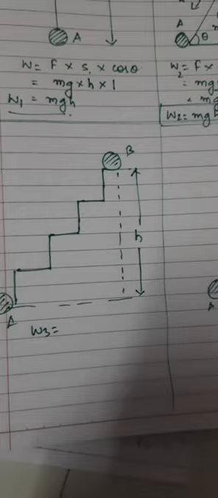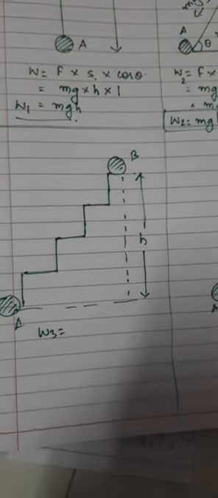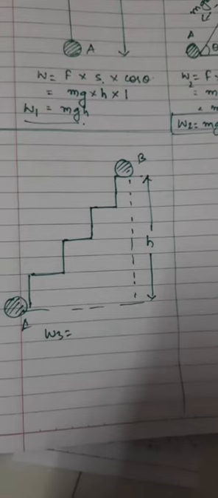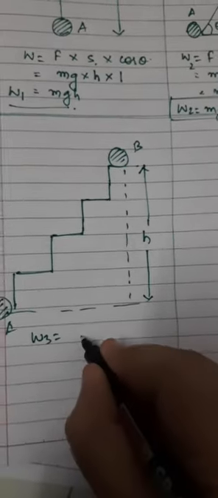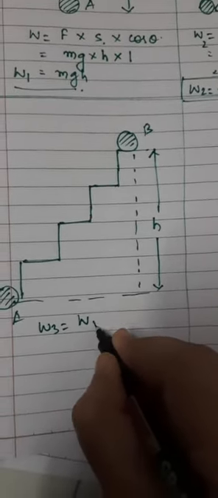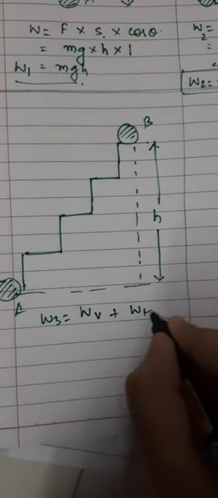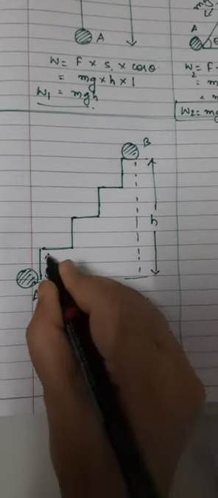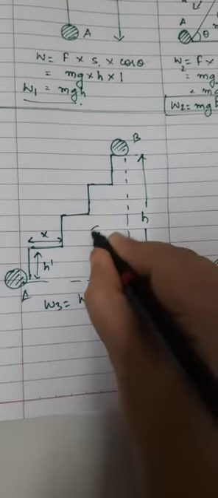So I have to calculate the total work done, dividing it into two parts, one vertical and one horizontal. Some of the things I need to consider here are: suppose the step height of each step is s dash, the width of each step is x, and there are n number of steps.